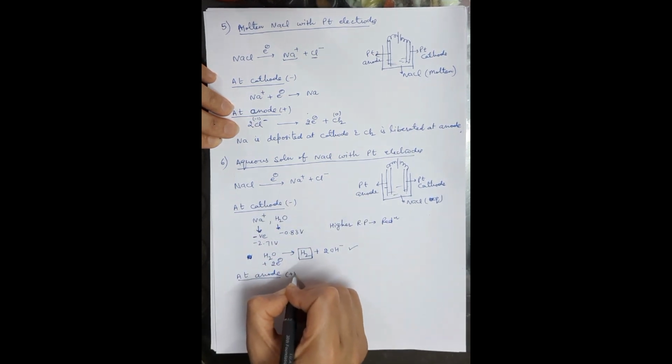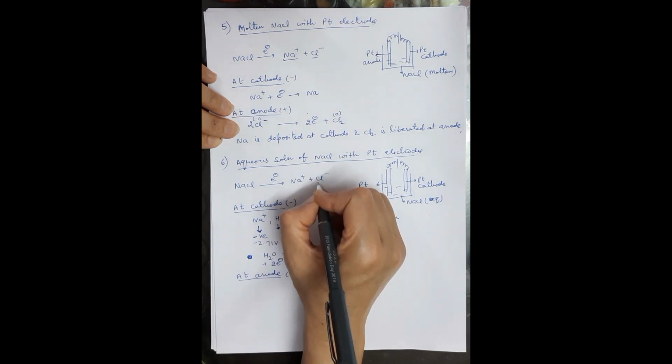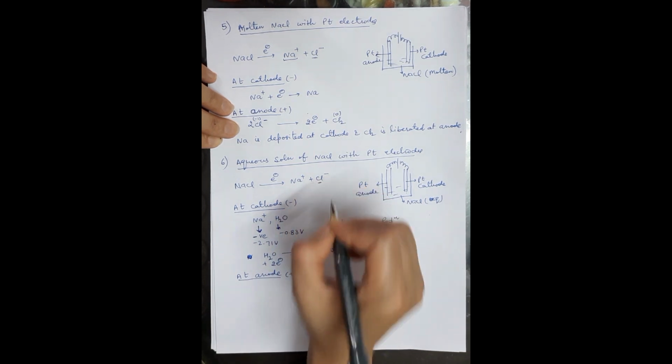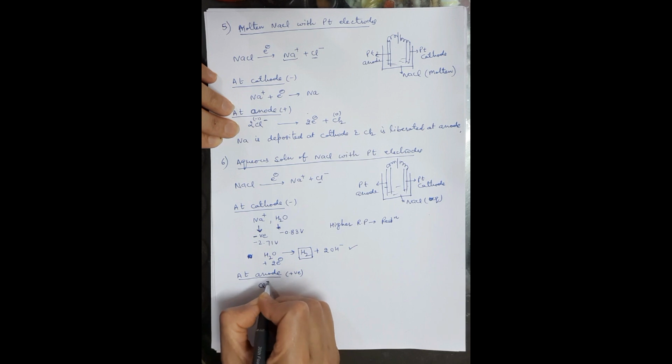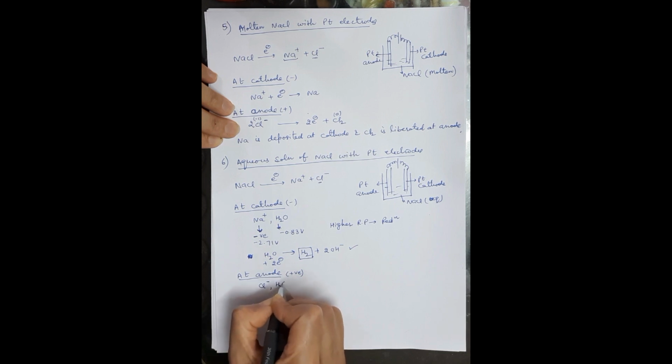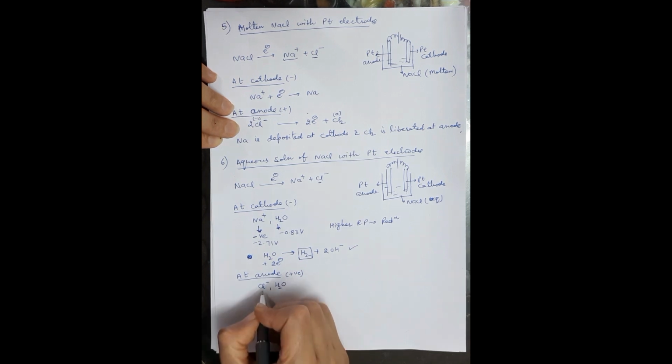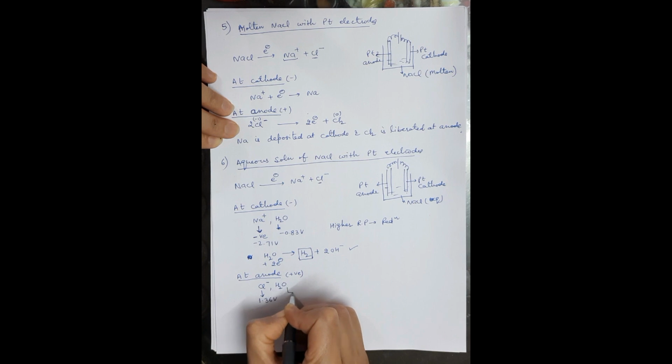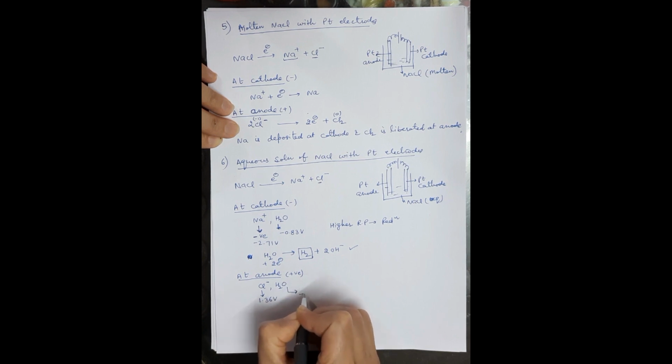Anode is positively charged. Chloride ions are negatively charged. So chloride ions will move towards it as well as water molecules are already there. Reduction potential of chloride is 1.36 volt, whereas for water it is minus 1.23 volt.